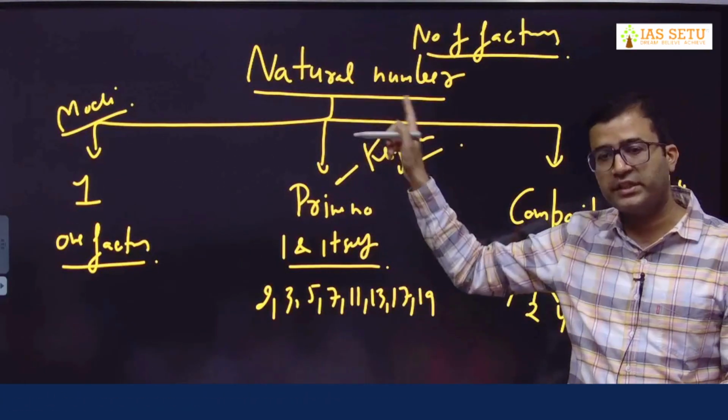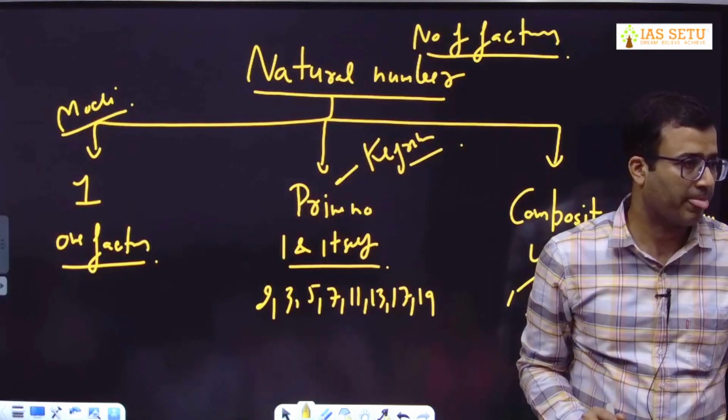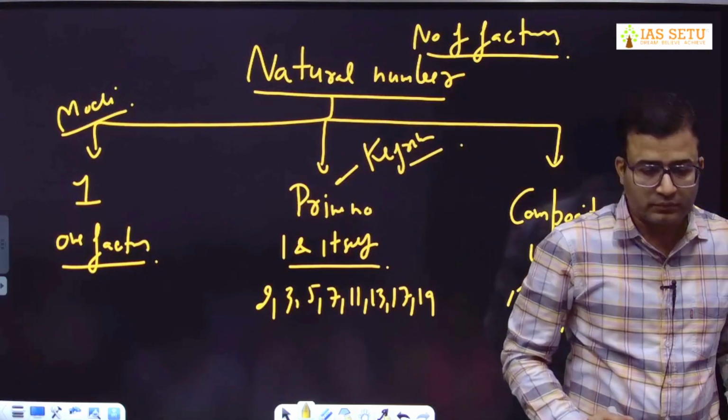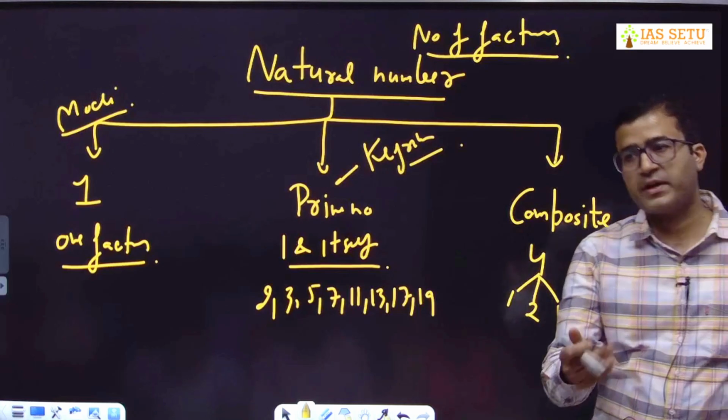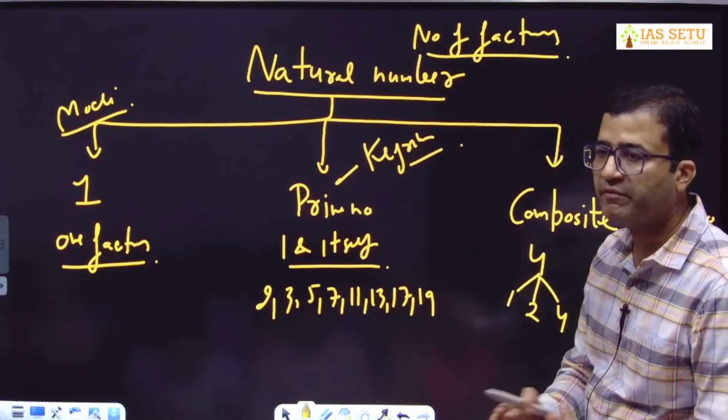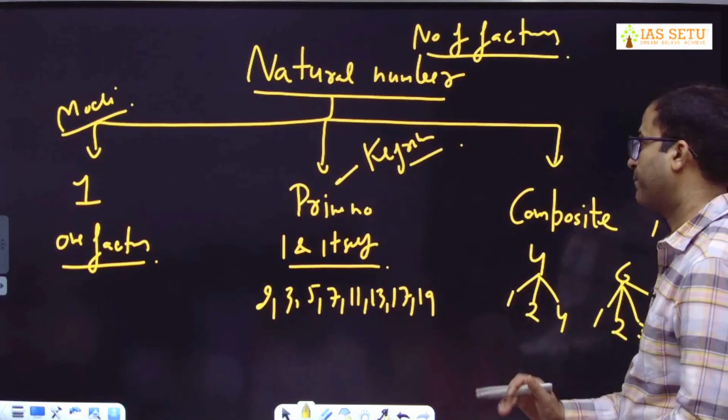First condition is it should be natural, because we take factors of natural numbers only. We do not count factors of negative integers either.